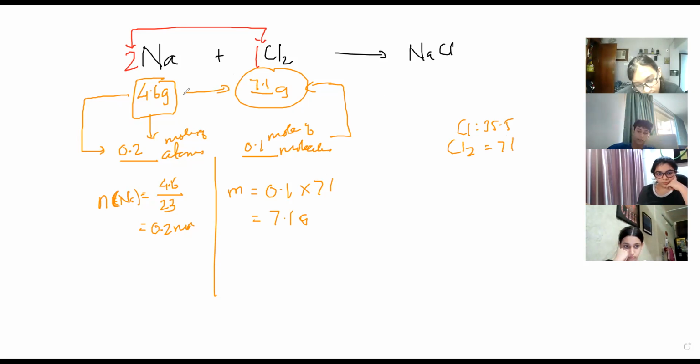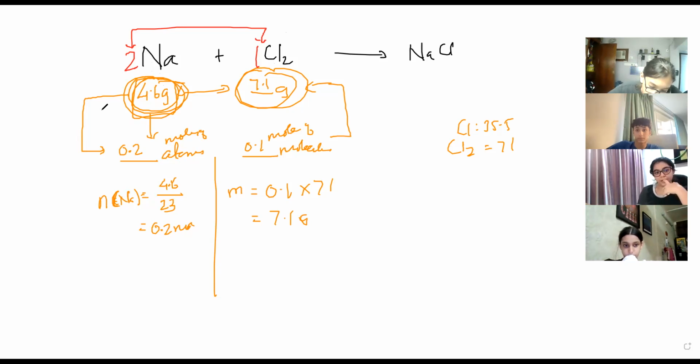Are these two masses in the ratio of 2:1? No, and they need not be. They should not be, because this ratio is a mole ratio. It tells you that for every 2 sodium atoms, I need 1 chlorine molecule. So if I'm given the mass of the sodium, that is not the correct information. I should have the number of moles. So that's why I want to find out how many sodium atoms are in 4.6 grams of sodium.